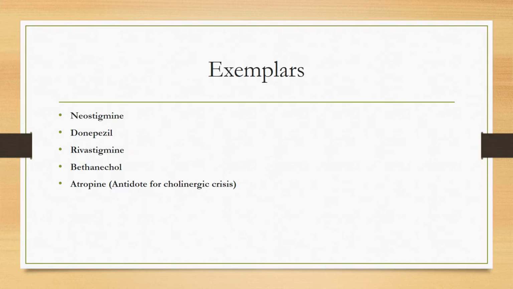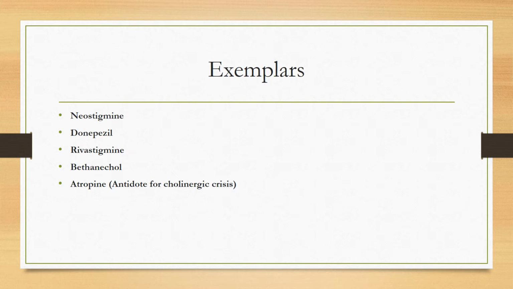So these are your exemplars, your medications that are going to be used to treat these different disorders, and I put this up here because your test questions will cover your objectives for this chapter, for this unit, and it will also cover these specific drugs.